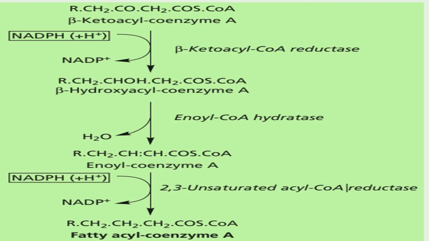So 1 ATP and 2 reducing equivalents in the form of NADPH are used during this chain elongation process, the conversion of palmitate, 16 carbons, into an 18-carbon fatty acid.